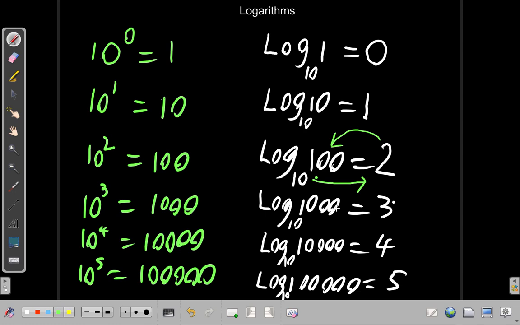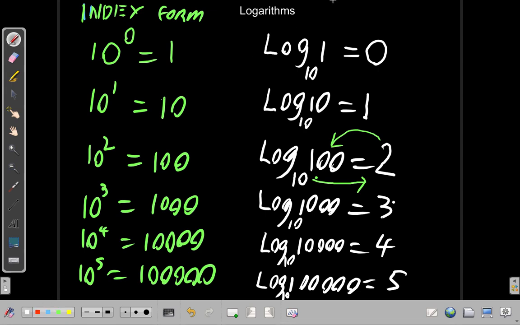Now, these on the left in green are in index form. So these expressions are in index form, because you have 10 raised to an index.